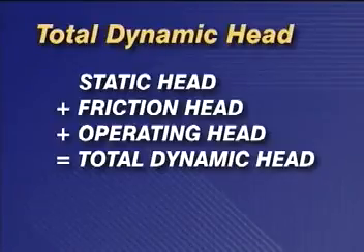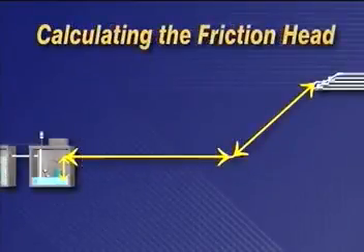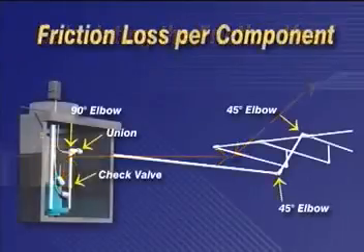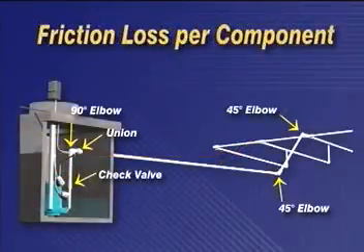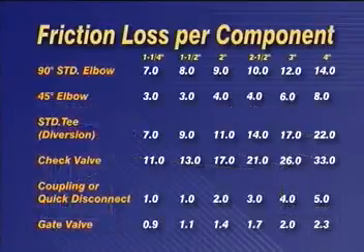Second, calculate the total dynamic head by adding static head, the actual vertical distance the wastewater will be lifted, to friction head, the resistance encountered by wastewater moving through the pipe. Be sure to include all friction losses, both in the pipe itself and various components such as fittings and valves, etc. Refer to the table in your work materials for equivalent length of each fitting.